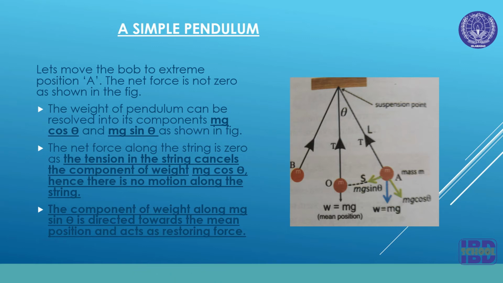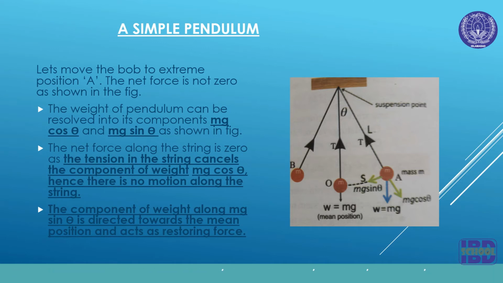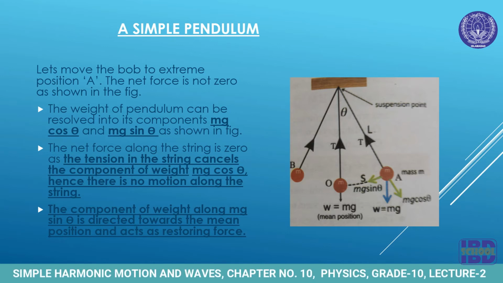As we have studied in class 9th, a force can be resolved into its two components, horizontal and vertical. Here we will resolve the weight of the body acting at point A into its x and y components.